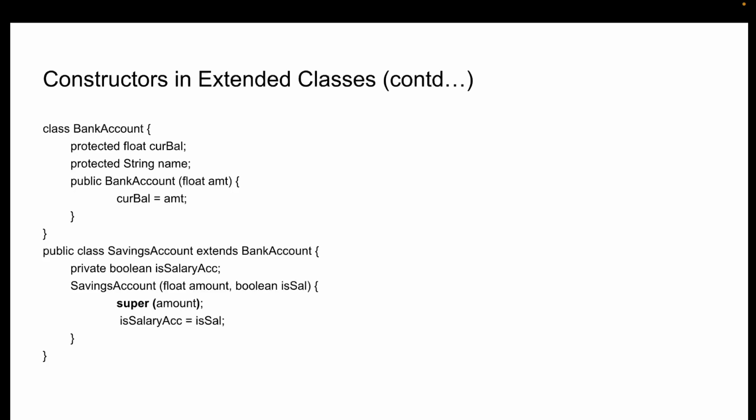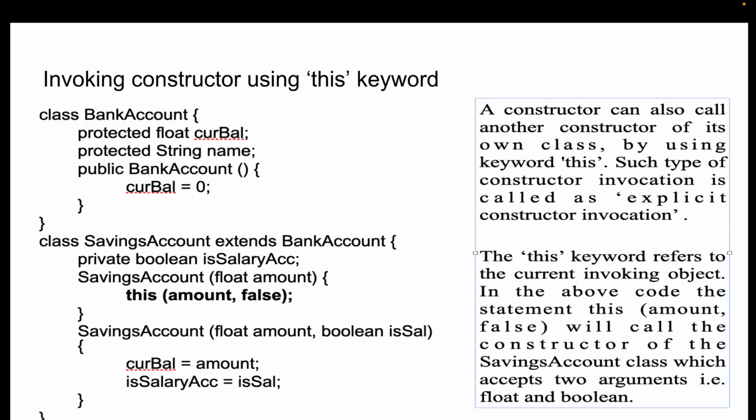Also, with the help of super, we can call the default constructor of the parent class. And then we also went ahead and saw one example where we were basically trying to call the constructor of the same class using this keyword. So if we don't pass any parameter using the this keyword, it calls the default constructor, and if we pass any parameter, it basically tries to call that constructor which has similar parameters. So this was invoking constructor using this keyword.